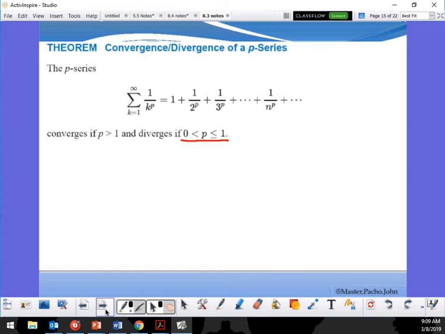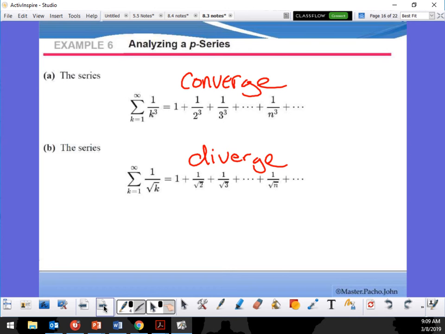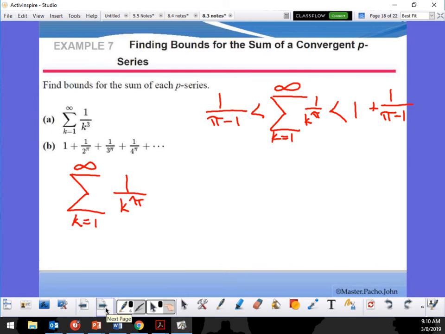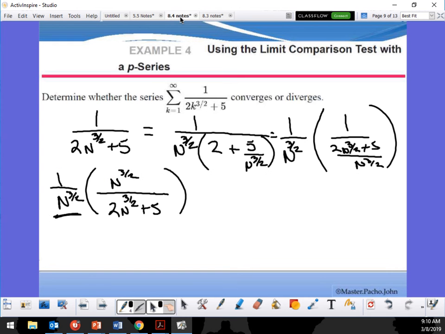It's going to converge if P is greater than 1, diverge if it is not. Now we're doing a convergence test for this. So now I have this in the right format. Let's take a look back over here.